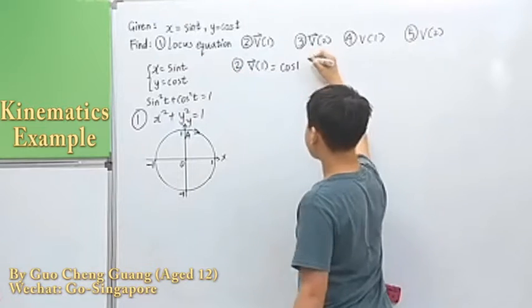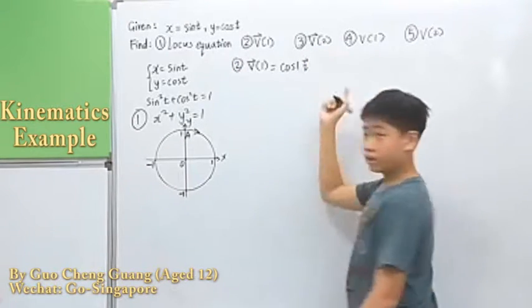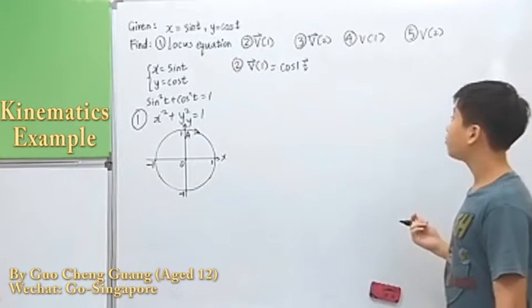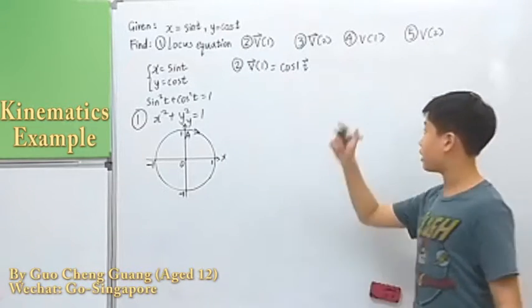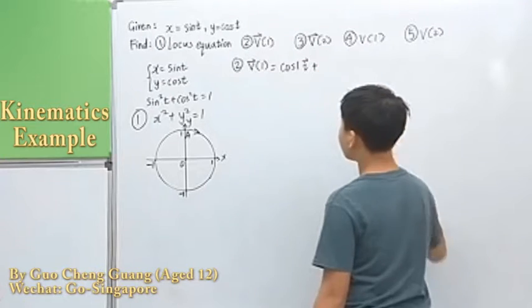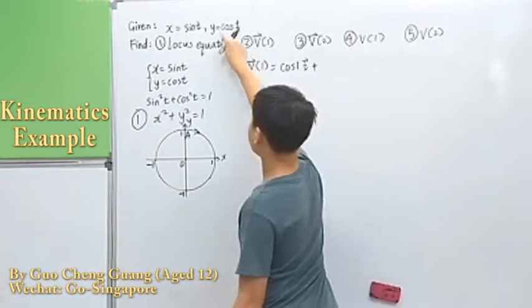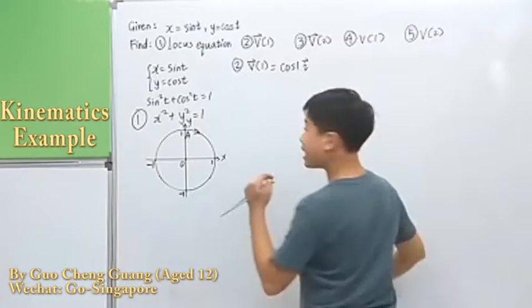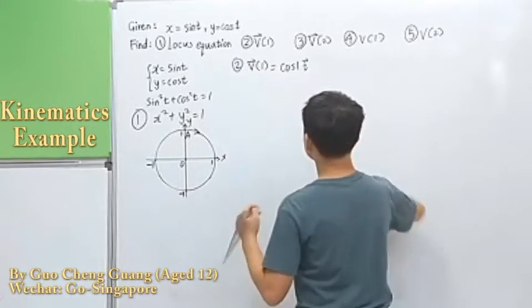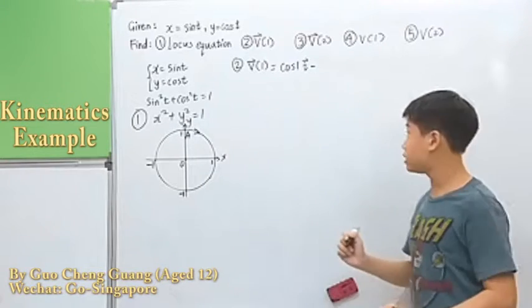So firstly, this is x. So you have i vector. So this part is the component in this x direction. Then after that, how about this y? Wait, cosine t, you differentiate. You get an extra negative. So that means here you need to minus.